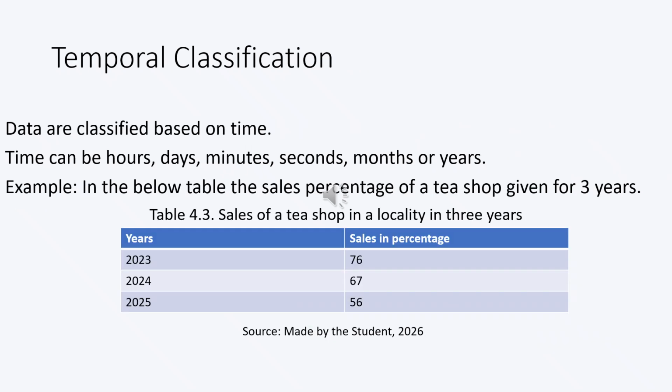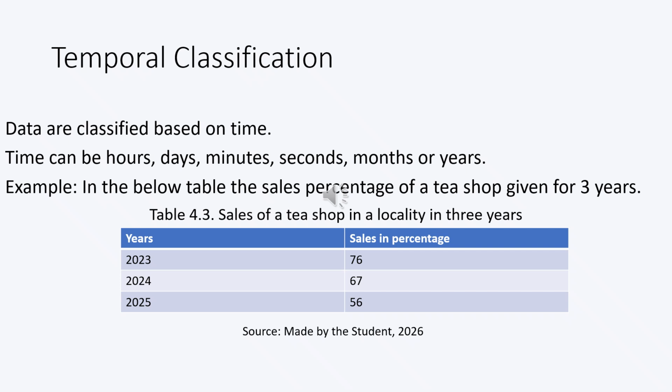Temporal classification of tabular data presentation. Here the data are classified based on time. Time can be hours, days, minutes, seconds, months, or years. The example for temporal classification is given below.